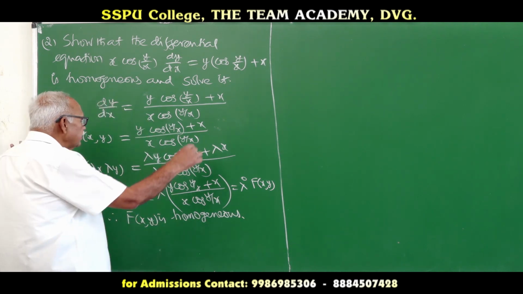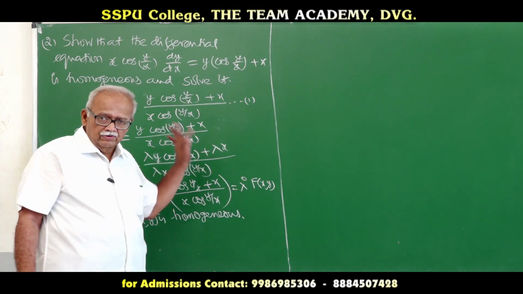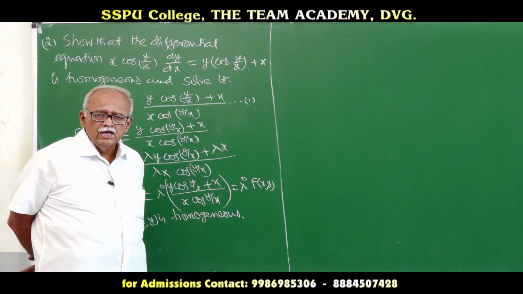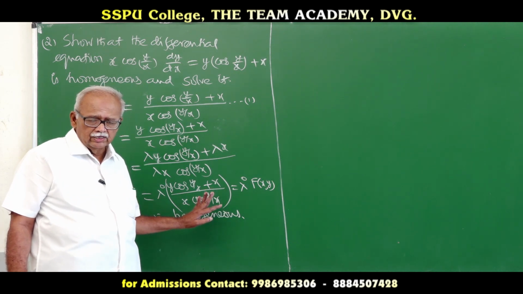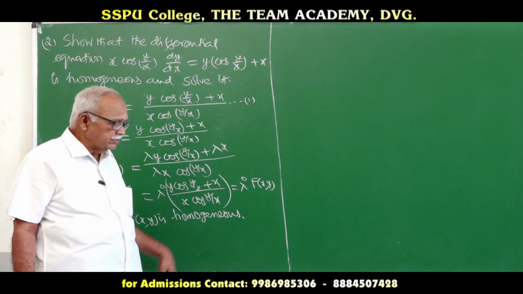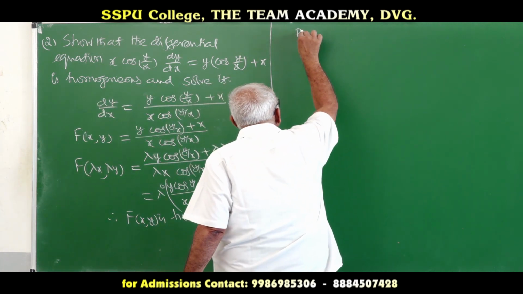Now, let us keep this equation as 1. So, we have to proceed to solve. First part is to show that it is a homogeneous function, which we have done. So, it is a homogeneous differential equation. Now, we put y is equal to Vx.